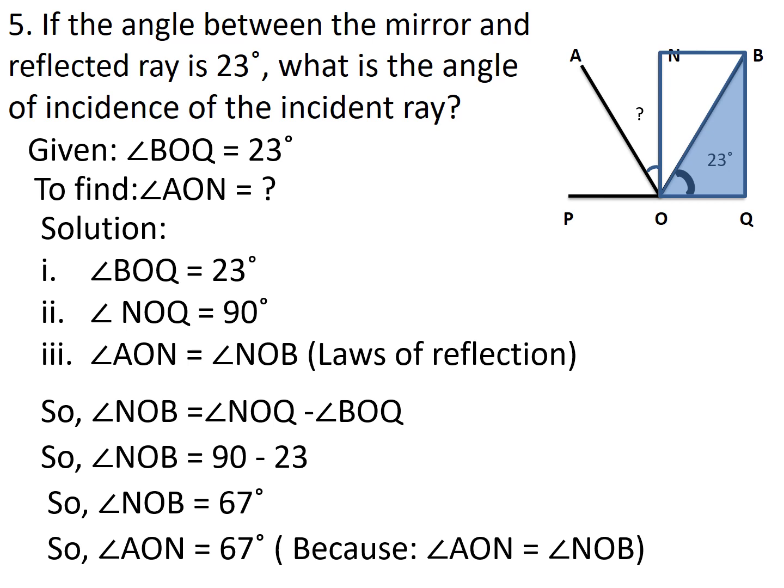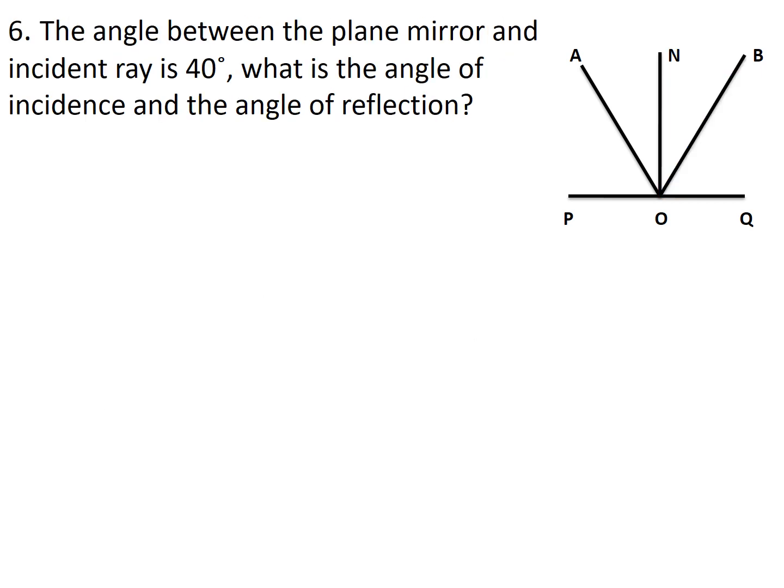Okay, next one. The angle between the plane mirror and the incident ray is 40 degrees. What is the angle of incidence and angle of reflection? Read it once again. The angle between the plane mirror and incident ray is 40 degrees.